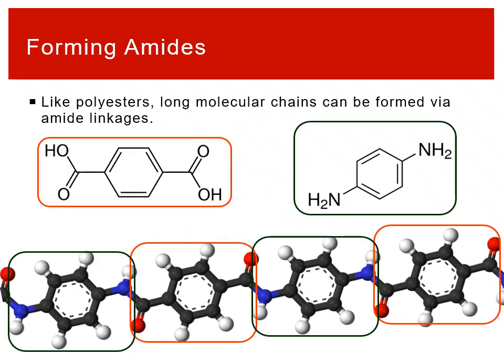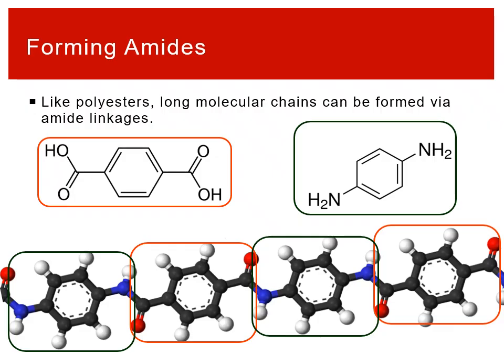They're quite strong molecules that you can make out of this. You can also react amines with carboxylic acids in the same way that we saw with polyesters to make long chains, what we call polyamides. Generally, the term polyester is commonly used to talk about the fabrics. Polyamide isn't that common, but you are probably familiar with the word nylon. Nylon is the trade term for fibers that are made from polyamides, where it's the same idea.